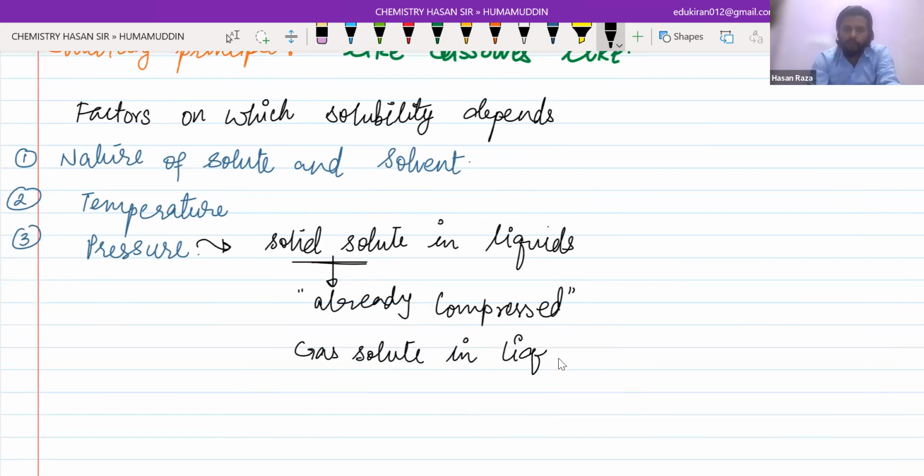And we will talk about this after some time in Henry's law. So when you mix sugar in water, there will be almost no effect of pressure. Only the solute which is in gaseous state in liquid will be affected, and we will study this in Henry's law.